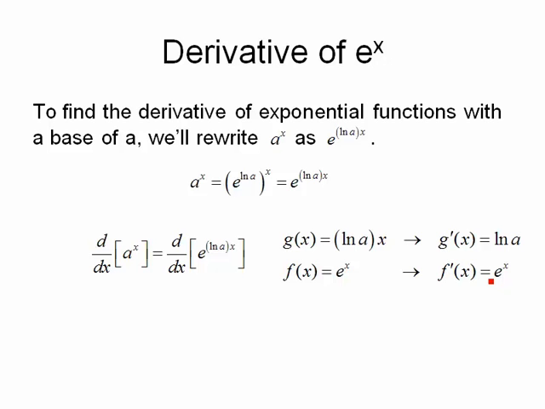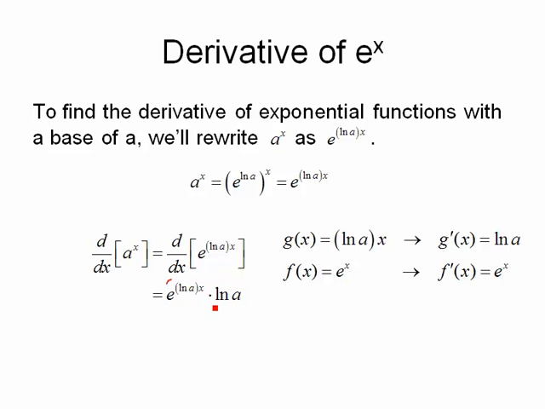So now I'm going to go ahead and use the chain rule to write out our derivative. Remember, the chain rule says that I take f prime and I place g of x into f prime, and then I multiply it by g prime. Here I have f prime. I've placed g into it. That's why I have e to the ln of a times x.